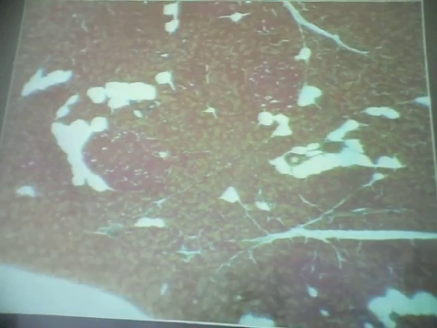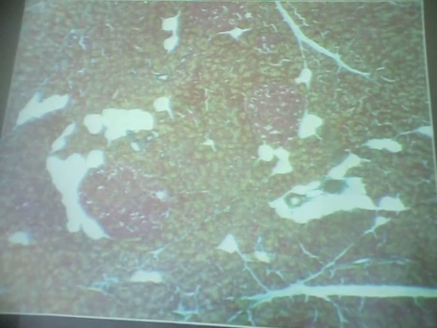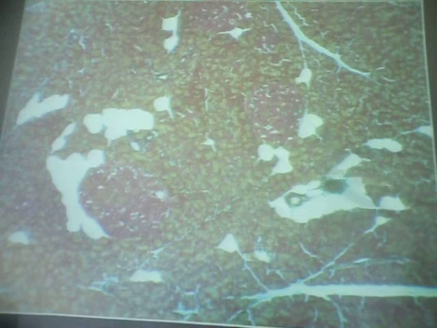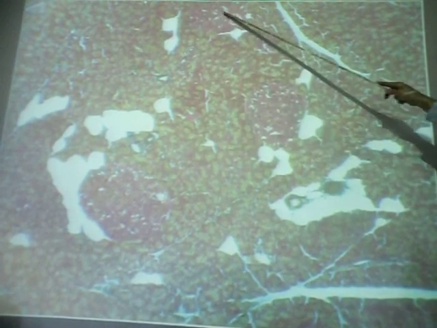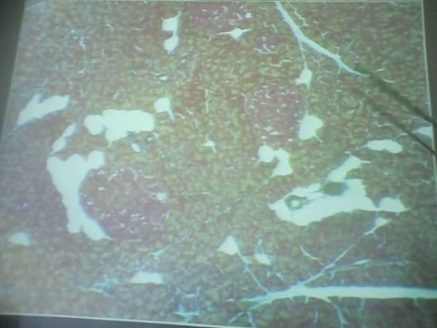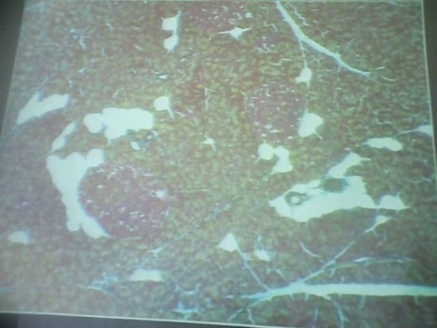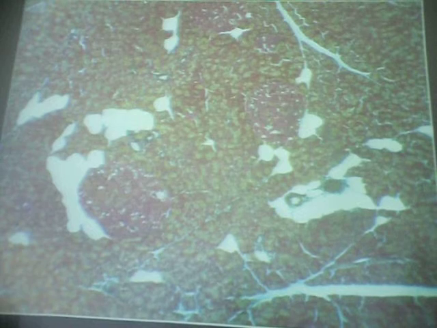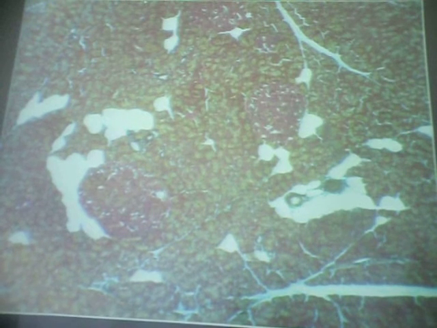These are the pancreatic islets or islets of Langerhans. See, there's another one right here. Okay, there's another one up here. But the majority of the cells are kind of brown here in the cytoplasm. Those are the exocrine cells, which for the most part produce digestive enzymes. Okay. Any questions?